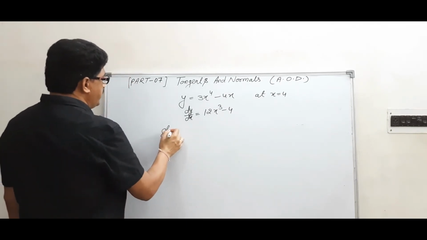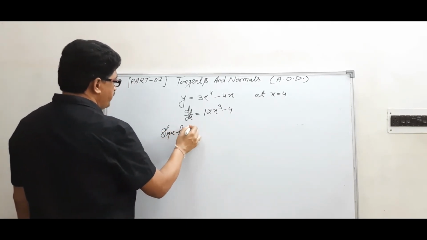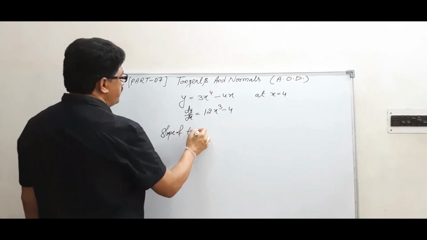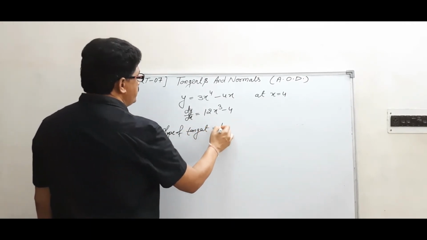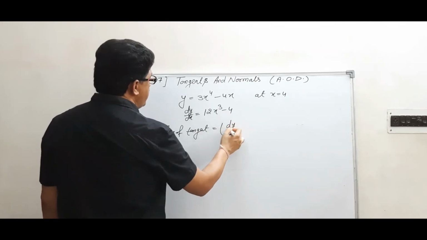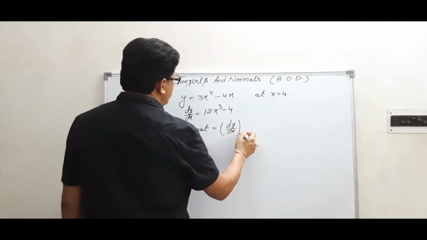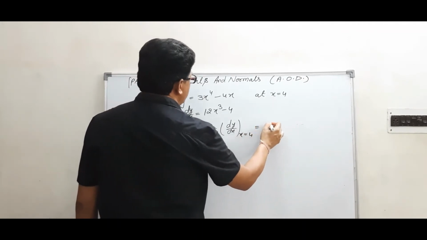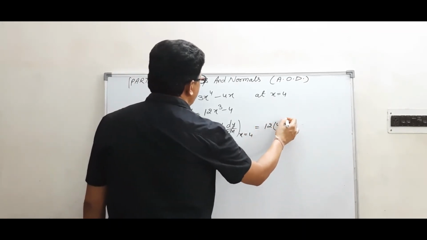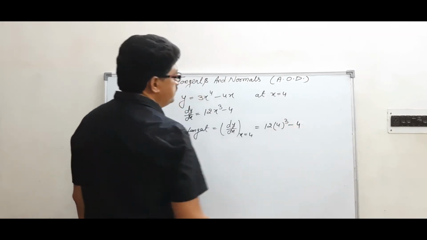Slope of tangent is equal to dy by dx at x equals 4, which is 12 into 4 cube minus 4.